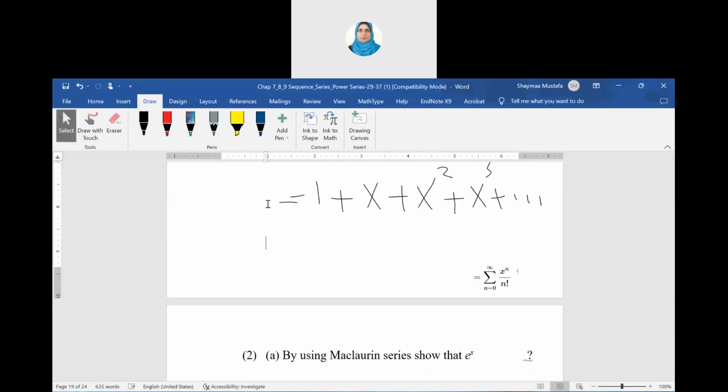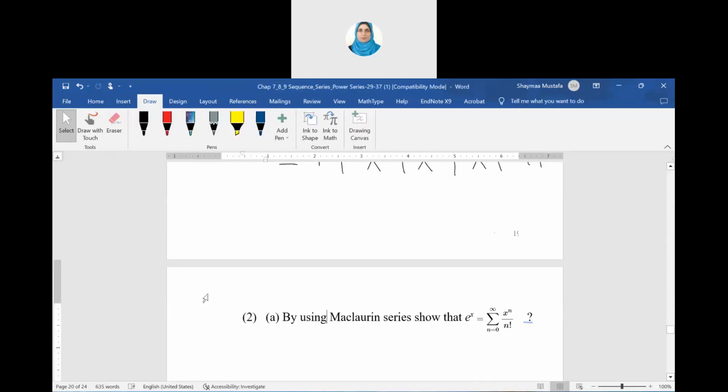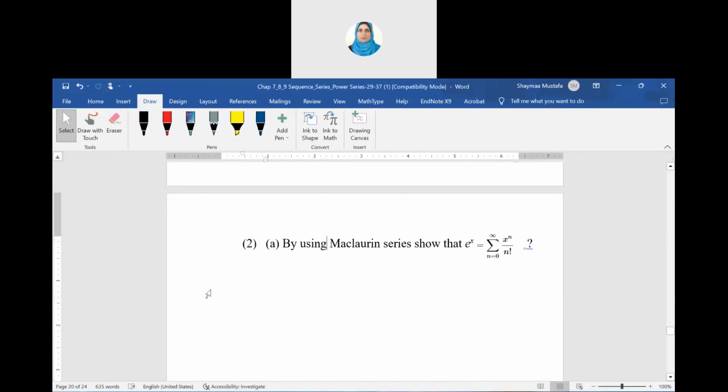Okay, now we go for another example. We need to find the Maclaurin series for the function e to the power x.